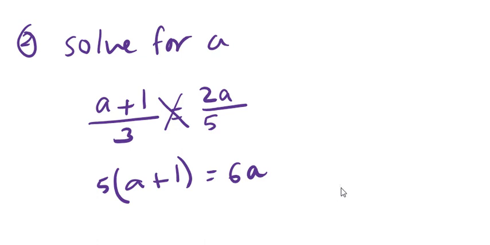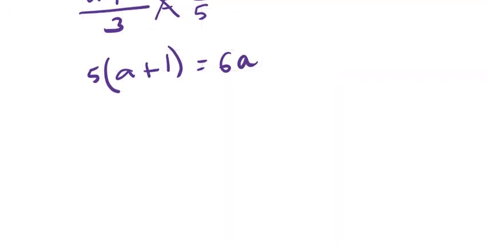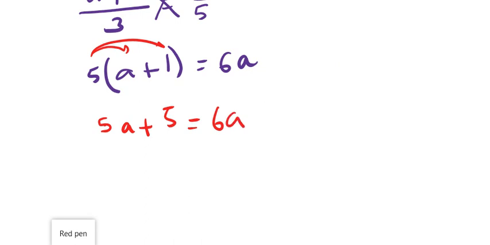Then we expand the bracket. So 5a + 5 is equal to 6a.